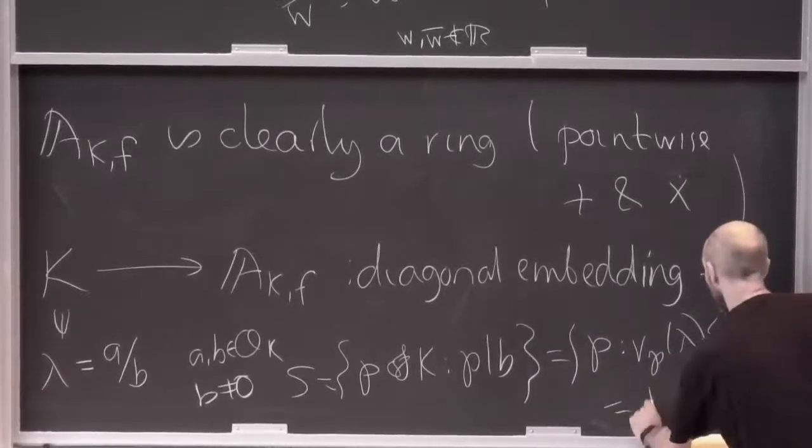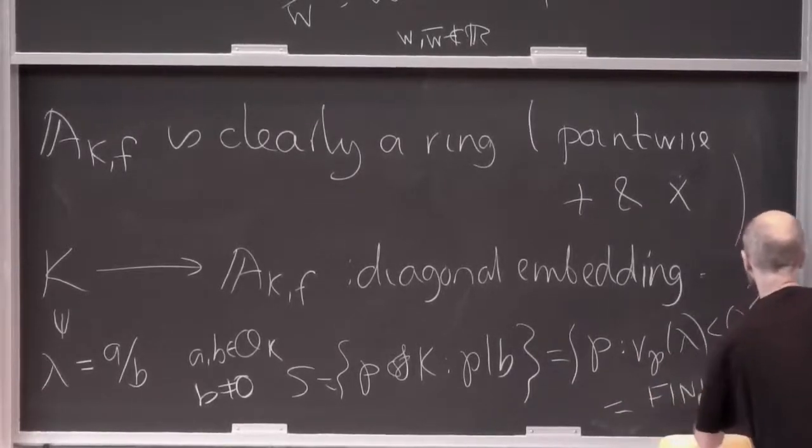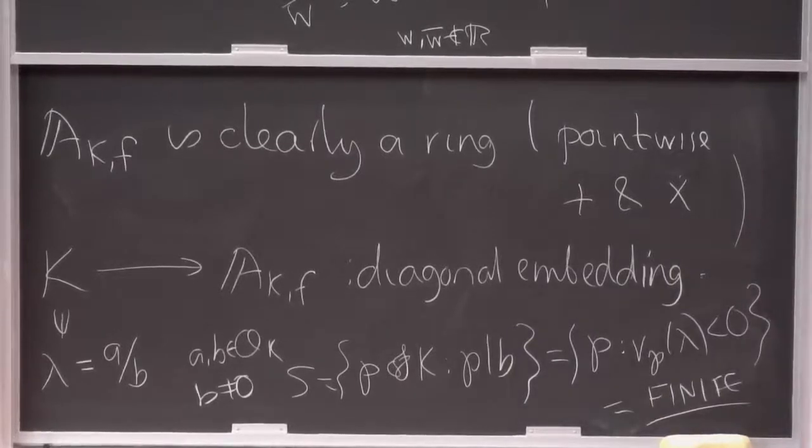And that's finite. And so away from that finite set, this element lambda is an integer. The p-adic valuation of lambda will be greater than or equal to 0.